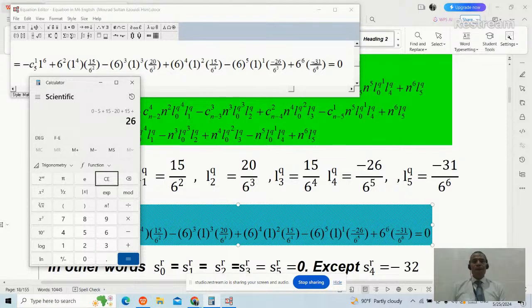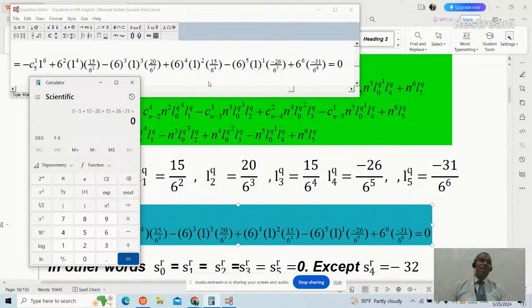Then minus 31. This one, learners, has to be equal to 0. Therefore, S5 equals 0.